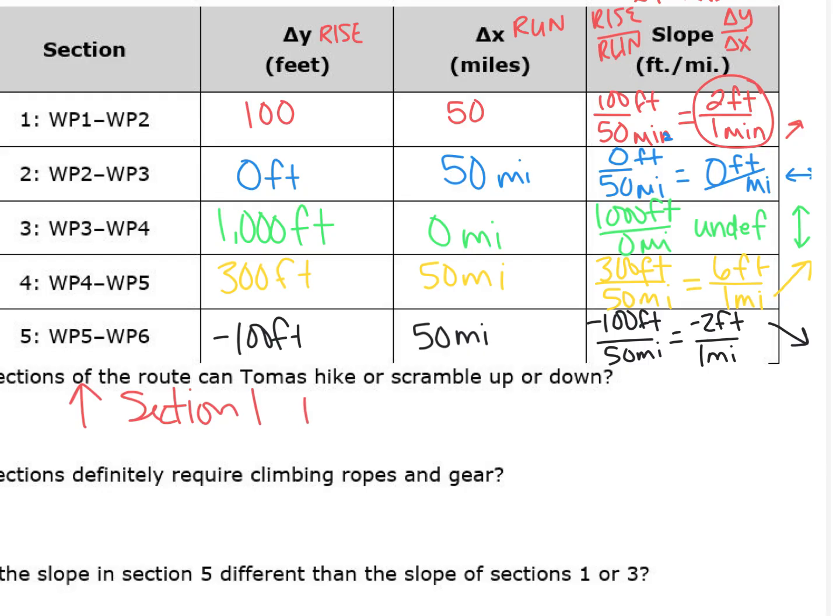Section 1 and section 4. So red and yellow. When did we go down? Section 5. We went down. And we could see that not only on the graph, but also in the direction with our signs, right? Our signs tell us the direction.